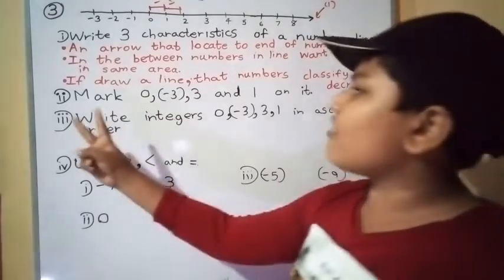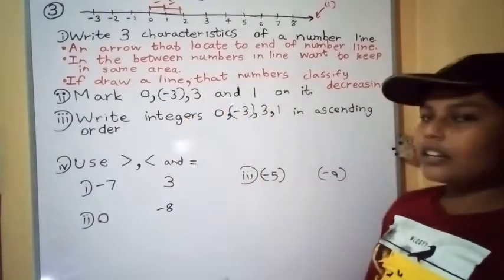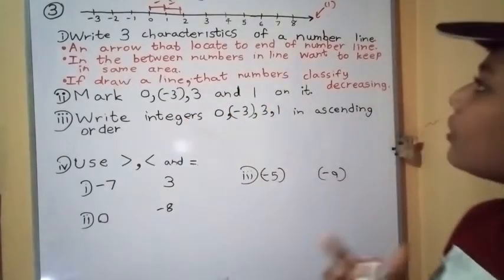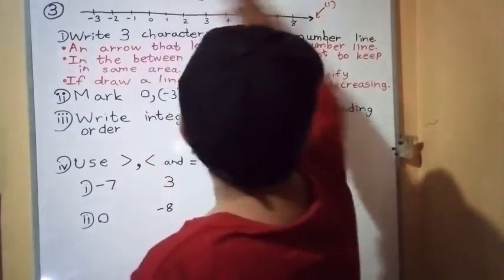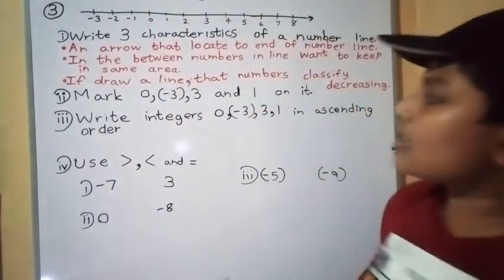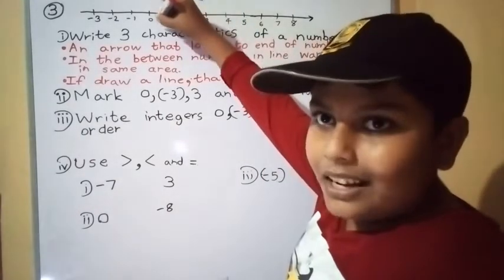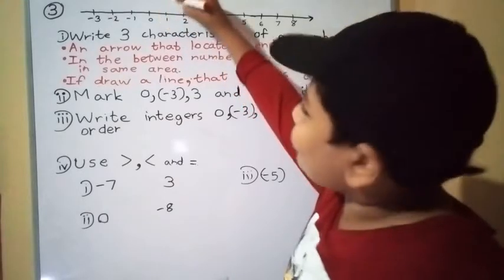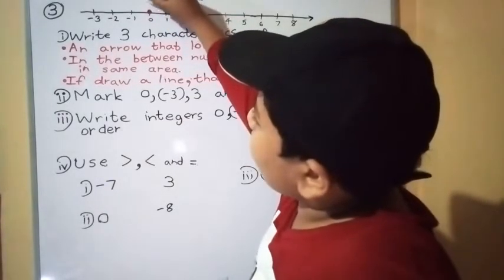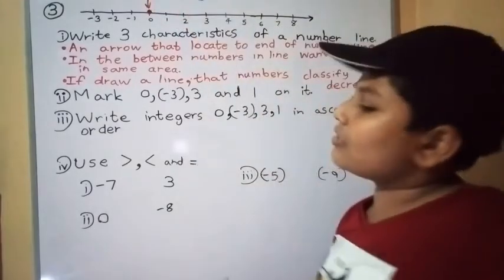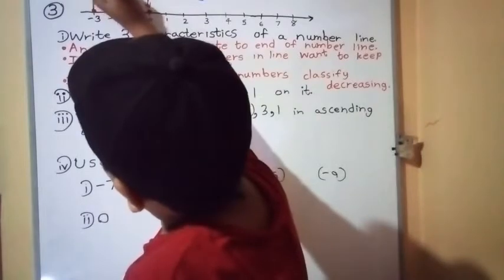Okay. Second one. Mark 0, -3, 3 and 1 on it. This number you want to mark, right? Now mark 0. You look at the 0 there. Now you want to keep a circle and color that. Now 0 correct. -3 means there.